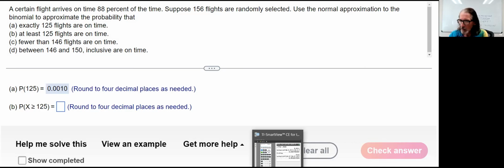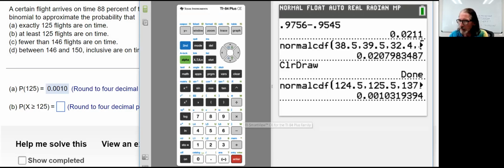To go with at least 125. And by the way, if you're using the old school approach, after doing the continuity correction, half a unit left or half a unit right, you would then have to calculate z-scores using quantity x minus mu all over sigma. Then for the z-score going with 125.5, look up that z-score.